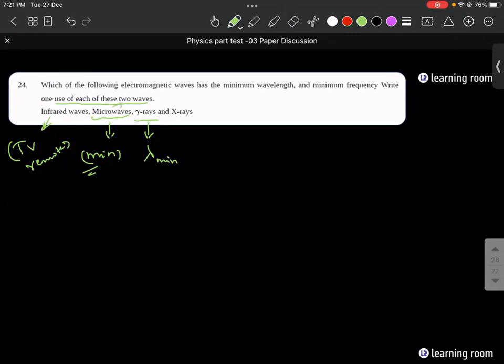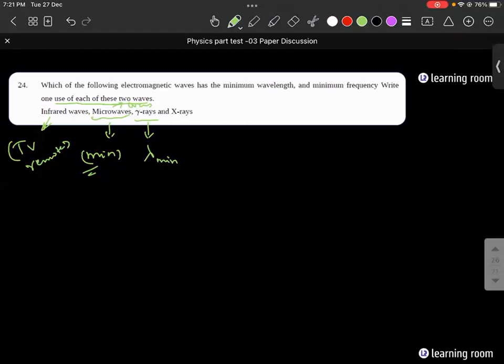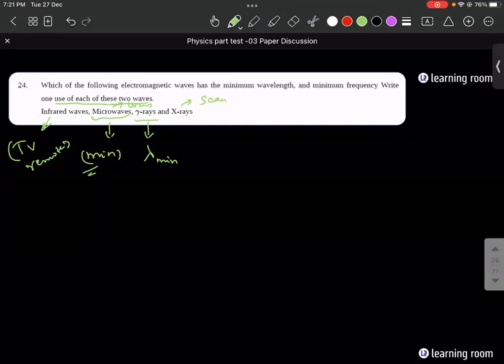Microwave, you can use it in ovens. What about gamma rays? Cancer treatment. And what about X-rays? Scanning purposes. Right. Okay.